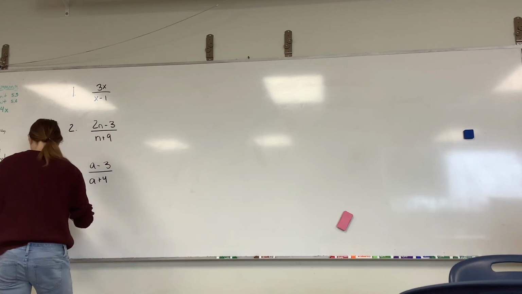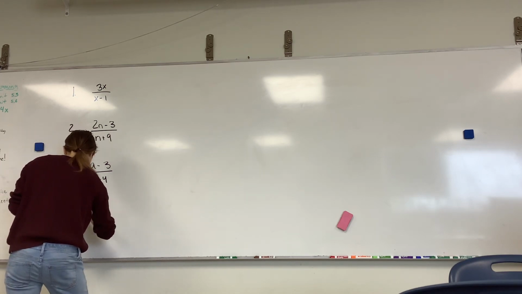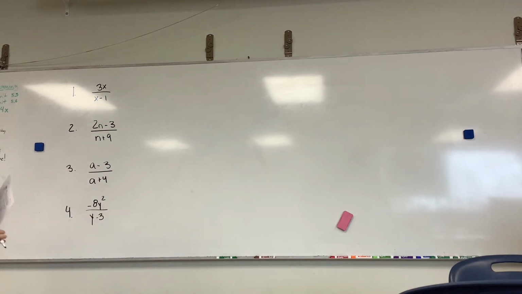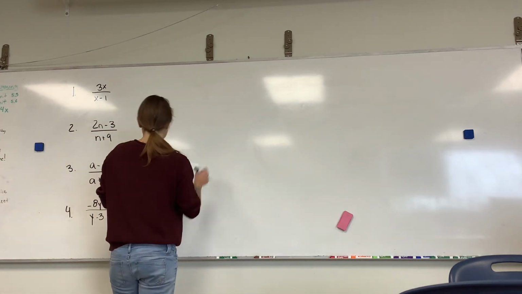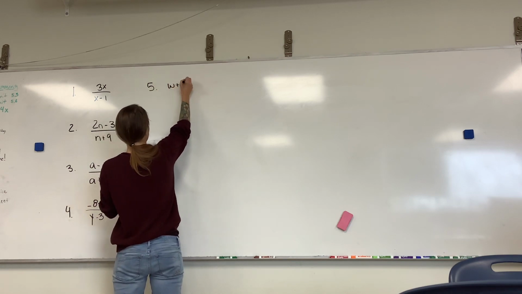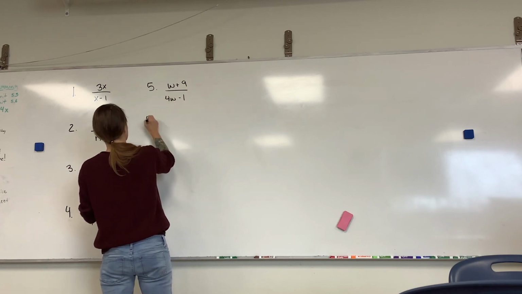And number 4, I got a negative 8y squared over y minus 3. Number 5, I got w plus 9 over 4w minus 1.